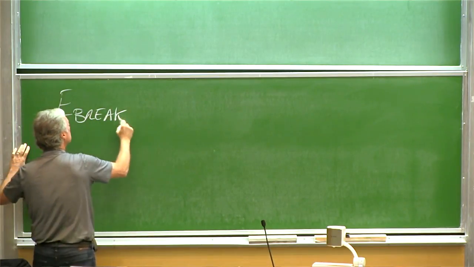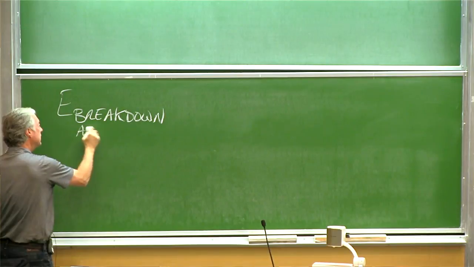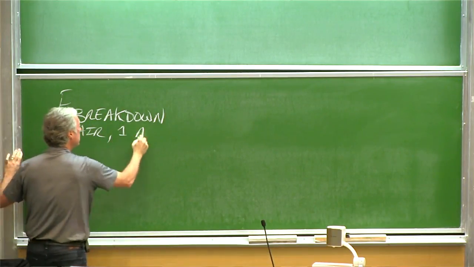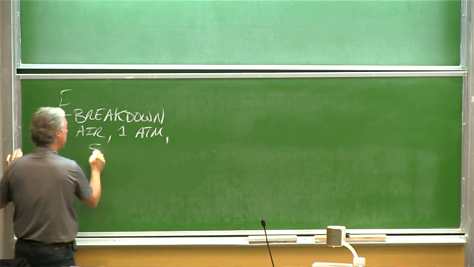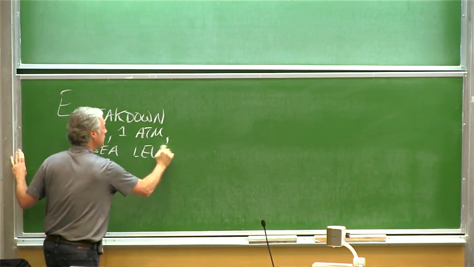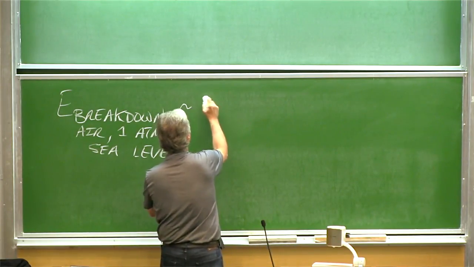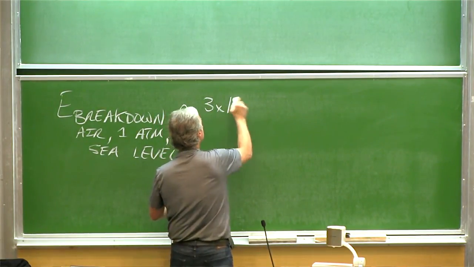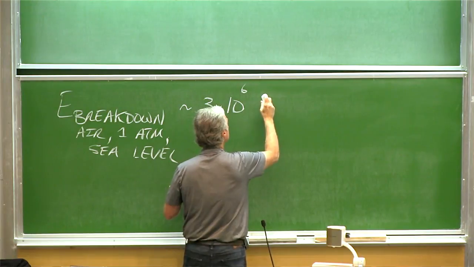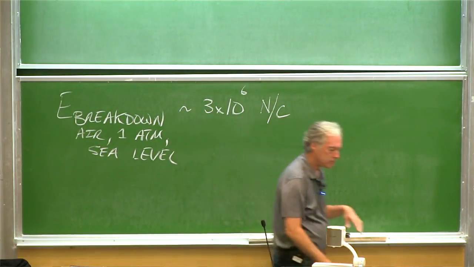E breakdown, and this is in air, 1 atmosphere, sea level pressure, room temperature, that sort of thing, is about 3 million newtons per coulomb.